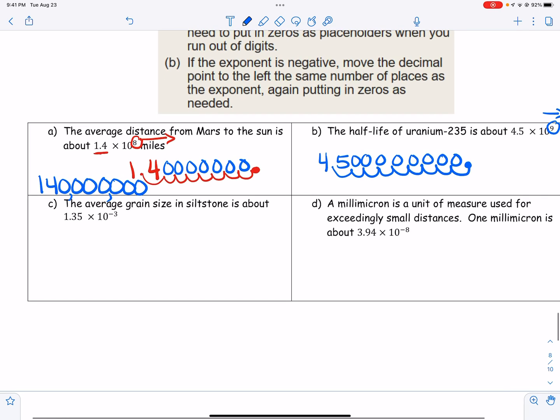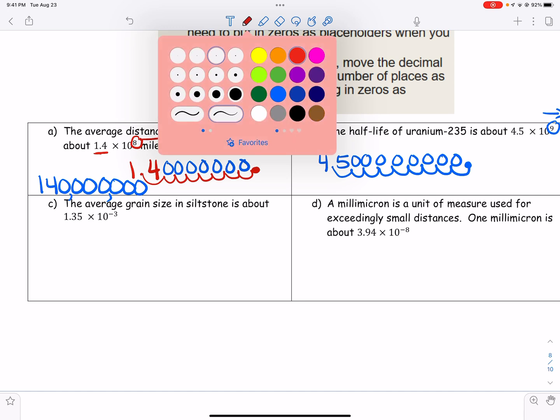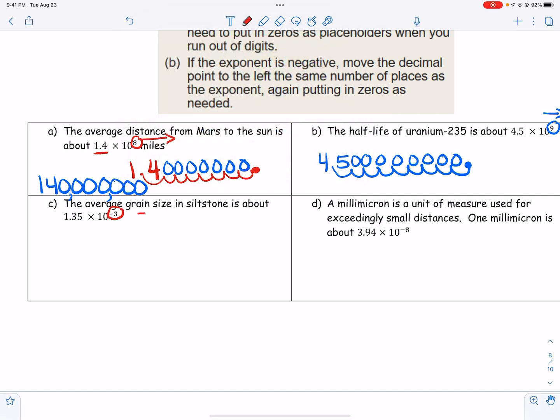Now, if we go the opposite direction, a negative exponent says that we're going to move to the left. So 1.35, and I'm going to go 1, 2, 3. This decimal point is very important, so you have to have 0.00135.